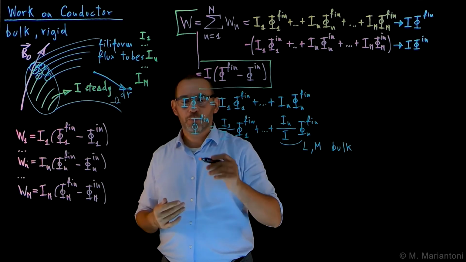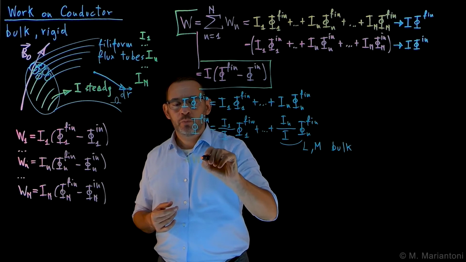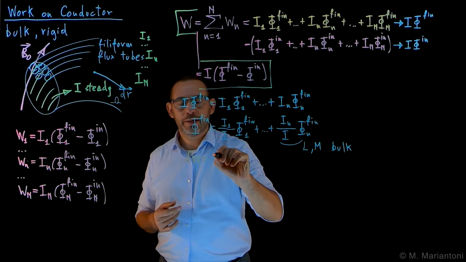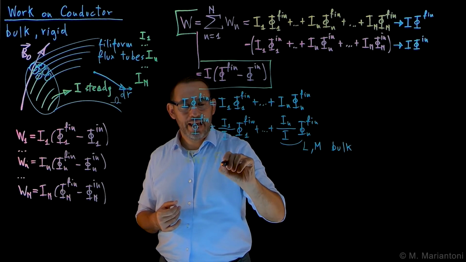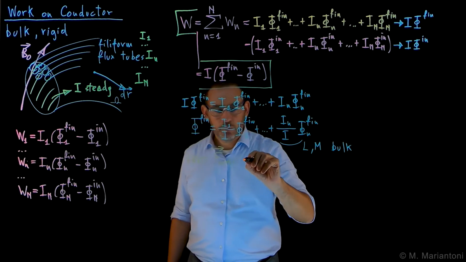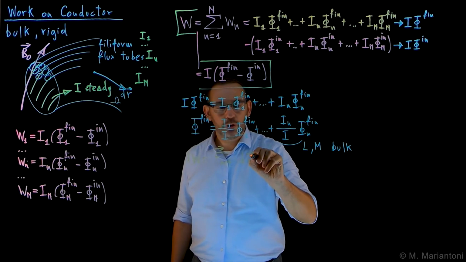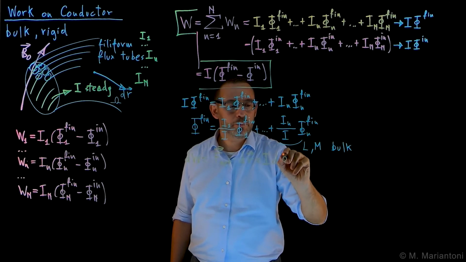So what is the mathematical procedure to do that? Well, we know that dW is equal to the total net force, F net, dotted with dr. This has to be equal to, by our definition from our previous calculation, I d phi.